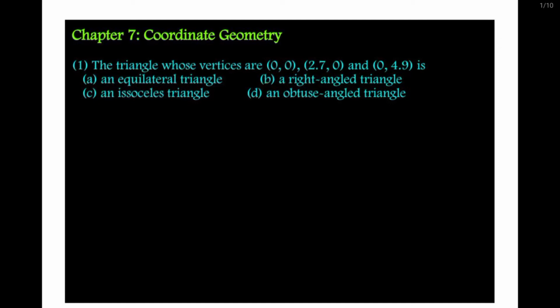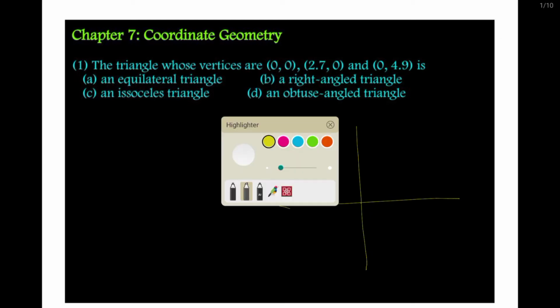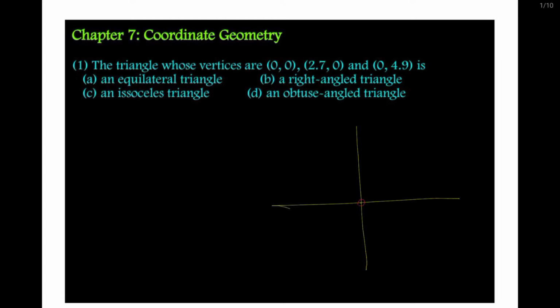So let's plot these given points in a 2D plane. The first point is (0, 0), which is nothing but the origin here. And the next one is (2.7, 0).